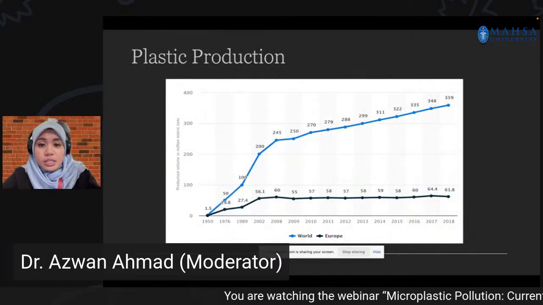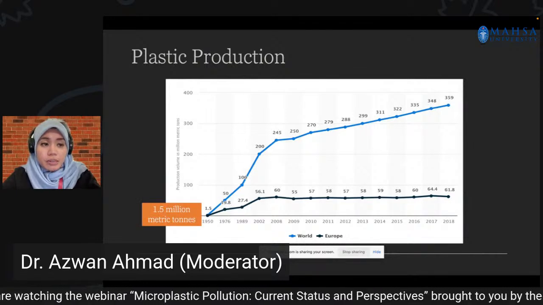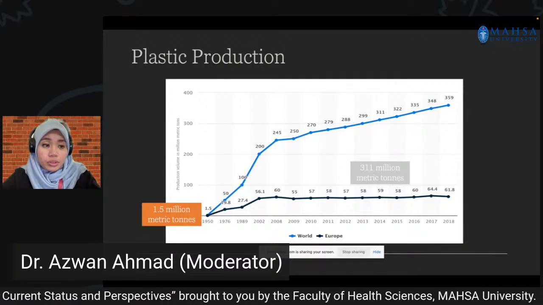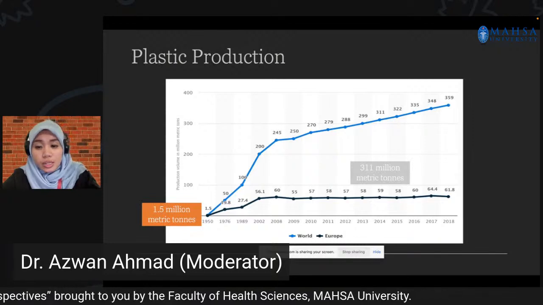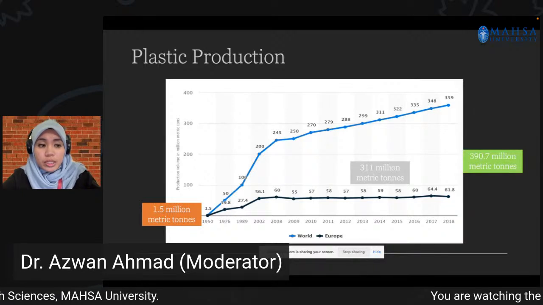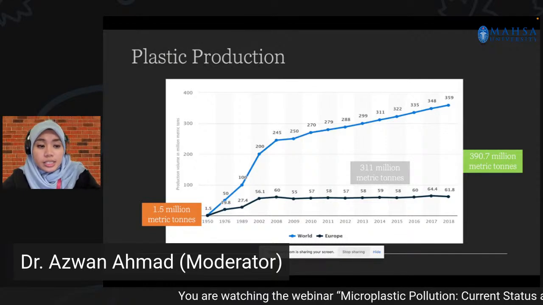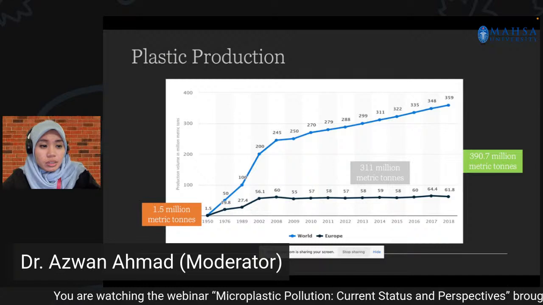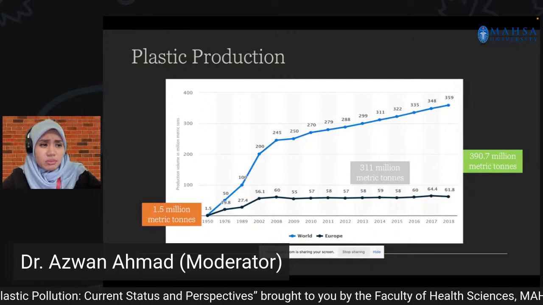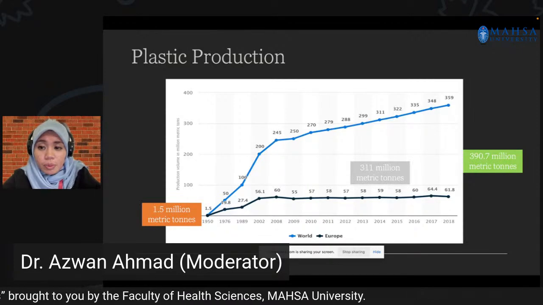As you can see in the graph, in 1950, 1.5 million metric tons of plastic were produced globally, but in 2014 the annual production increased to 311 million tons, and by 2021 the global production reached 397 million metric tons.